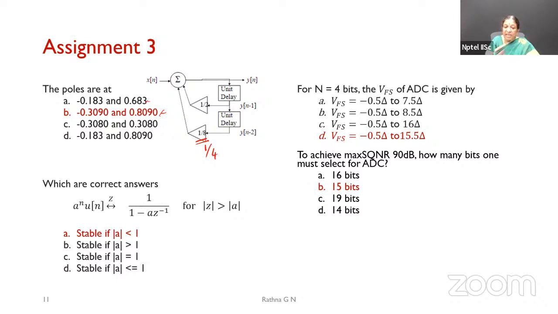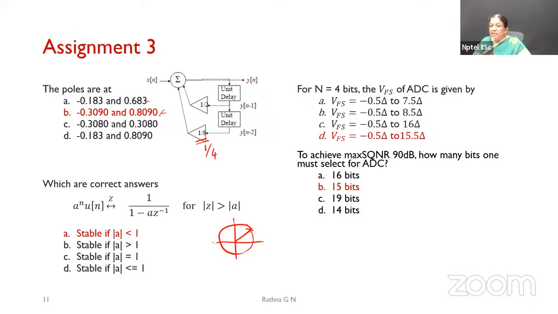So the filter is going to be stable if magnitude of a is less than 1, because we know our circle is unit 1. If all the poles fall within the unit circle, then we say the system is stable. If poles are outside the unit circle, then the system becomes unstable.